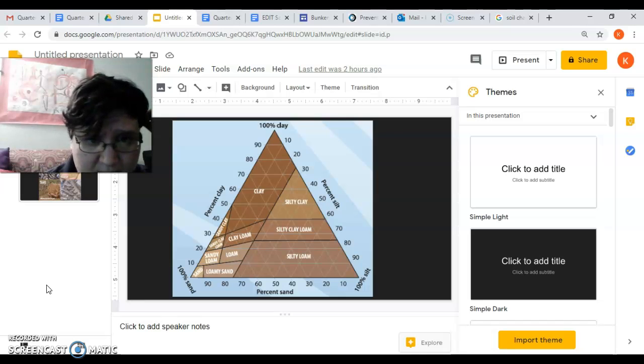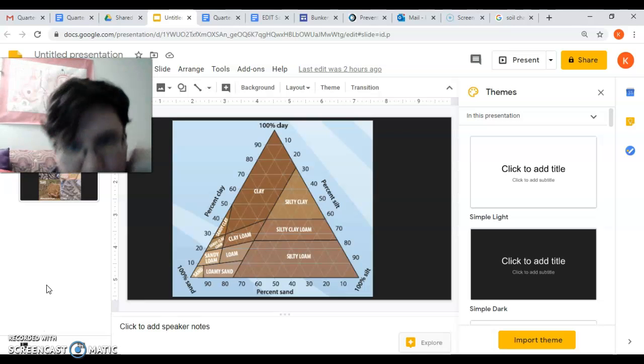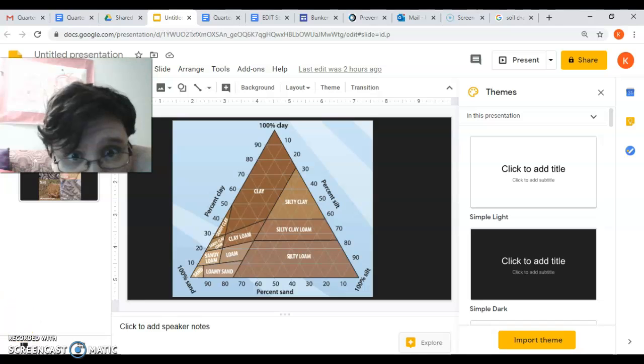I actually don't see it on here. Well, let's forget that for a second. So it's 40%. What did I say? I said 40% silt and then 50% clay. We could figure it out based off of that. So 50% clay is right here, and 40% silt is right here.